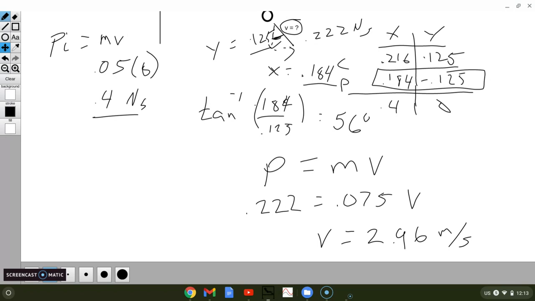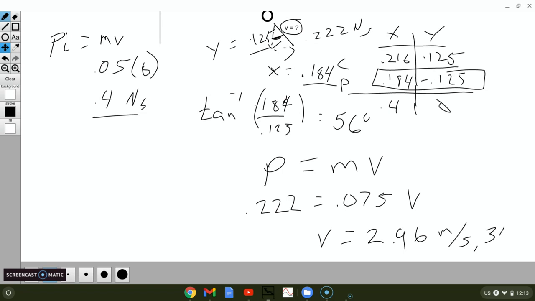Now, the velocity is going to be in the same direction as the momentum. So we already calculated that angle, and that was 56 degrees from vertical. So that's probably not the way we want to describe this. We probably want to describe this from horizontal. And so if we take 90 degrees and subtract 56, we get 34.